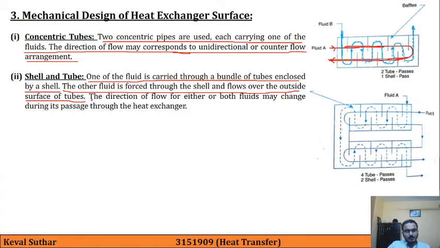The direction of flow for either or both fluids may change during its passage through the heat exchanger. So here, it is written that there are two tube passes and one shell pass.